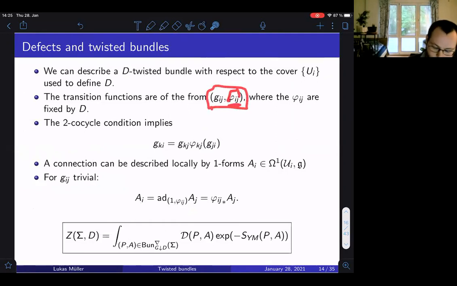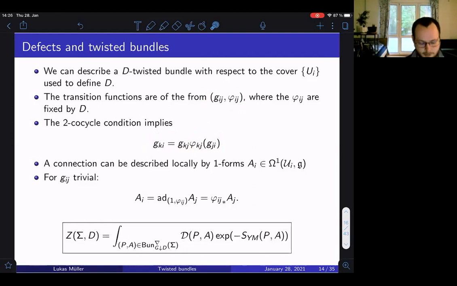But these things are completely fixed by D. They just need to agree with the transition functions of D, or at least up to a gauge transformation. You can assume that. So there was this freedom, but you can always choose them to be there. And then if you write down the cocycle condition in the larger group, this is not just going to give you the usual cocycle condition, but one where you need to act with the symmetry on the g_ji. And you can think of that as applying the symmetry on the transition function when it goes through the defect.